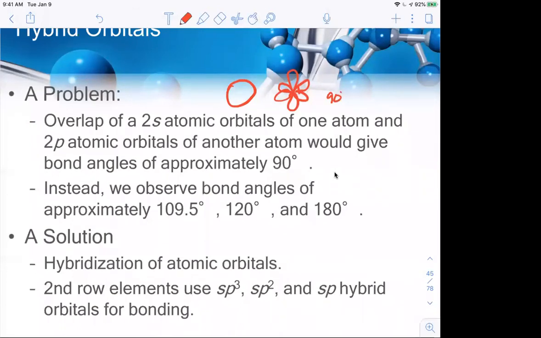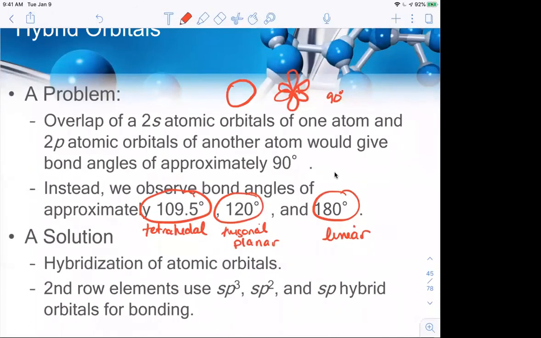So I would get a 90-degree bond angle if that was going to overlap. What we know is that I get tetrahedral geometries of 109.5, trigonal planar geometries of 120, and linear geometries of 180 degrees.